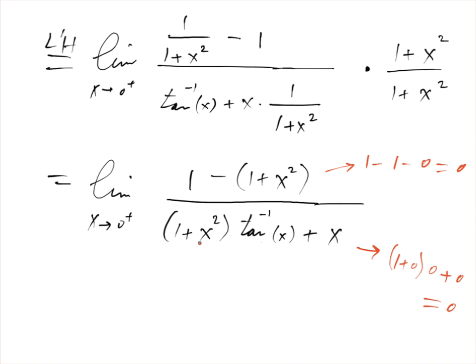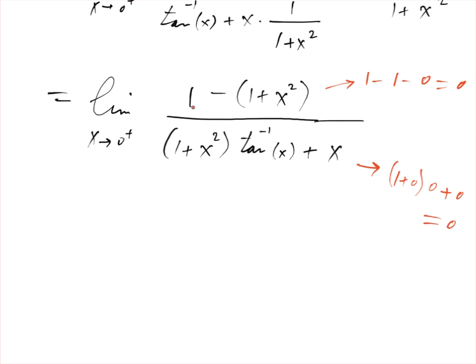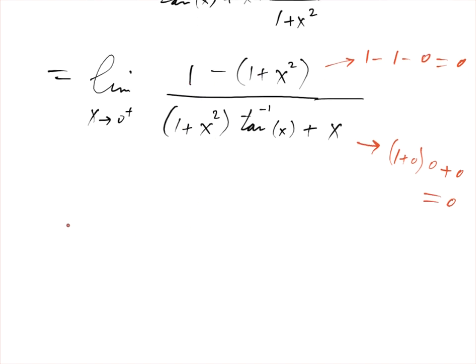Arctangent of 0 is 0. 1 plus 0 is 1, times that is 0, plus 0 is 0. So it's still 0 over 0 form. Let's simplify that numerator and then apply L'Hopital's rule again.